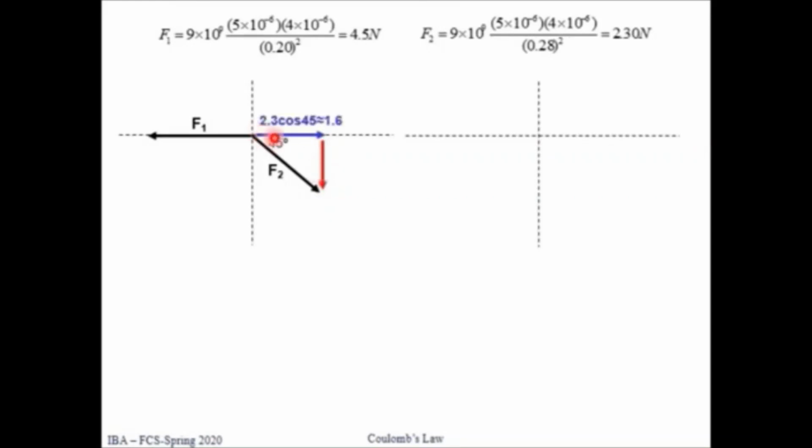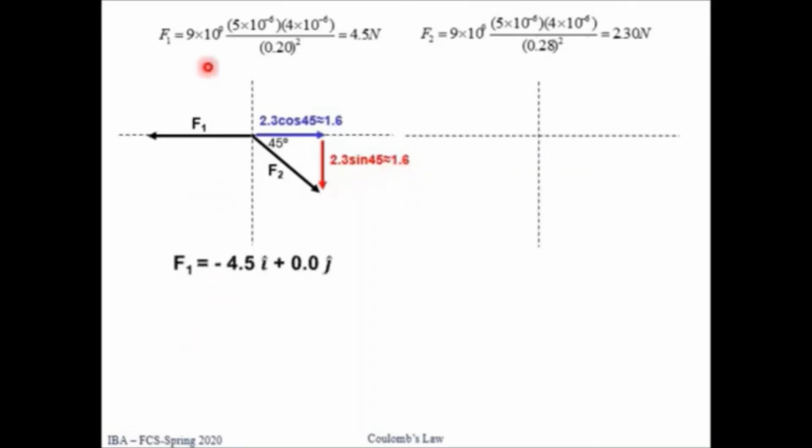The horizontal component can be determined as 2.3 cos 45, and the vertical component can be determined as 2.3 sine of 45, which will be 1.6.